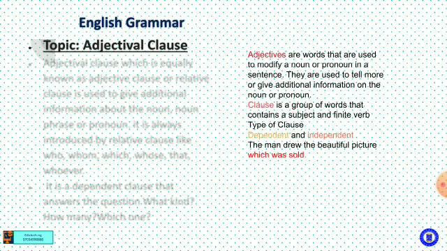Now there are two types of clauses. We have dependent and independent clause. A dependent clause is a clause that cannot stand on its own. It needs the support of the main clause, that is, the independent clause. That it cannot stand on its own doesn't mean that it doesn't have a verb and a subject.